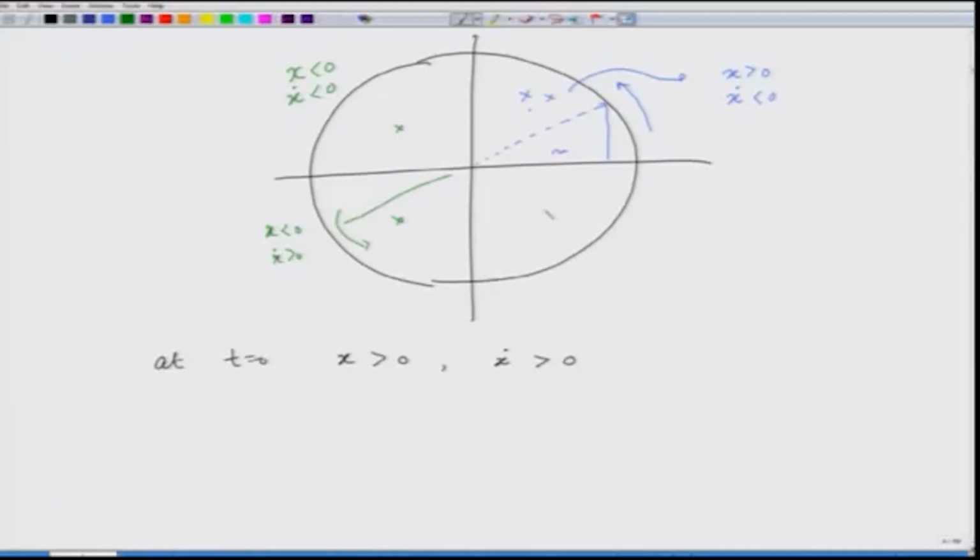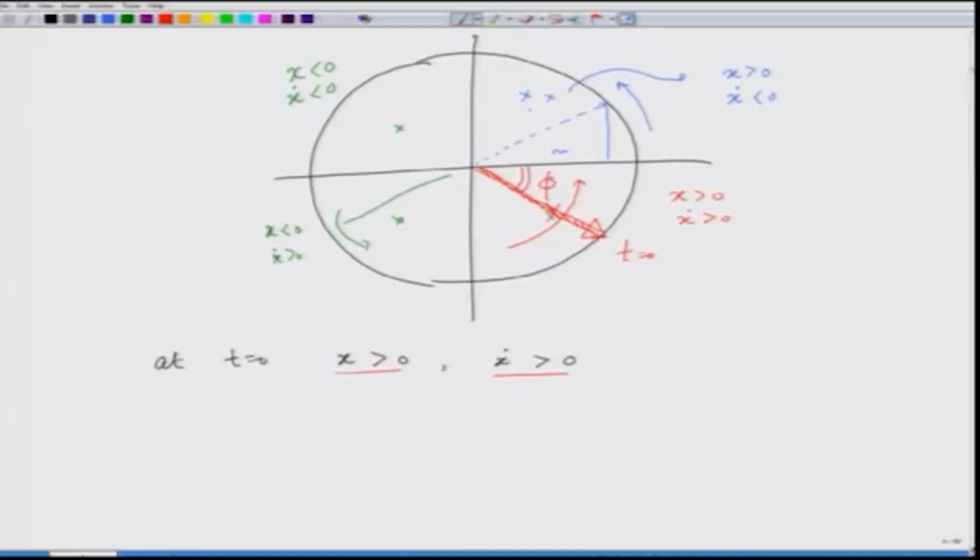And in this quadrant, which I will show by red, x is greater than 0 and x dot is greater than 0. So, if I have the initial conditions that x is greater than 0 and x dot is greater than 0, the phasor must be somewhere here. This is how it will be at t equal to 0 position, and then it rotates like this with angular frequency omega. So, initial phase is given here. You can see that initial phase is negative.